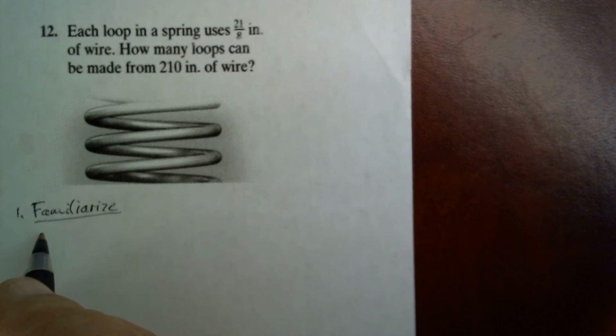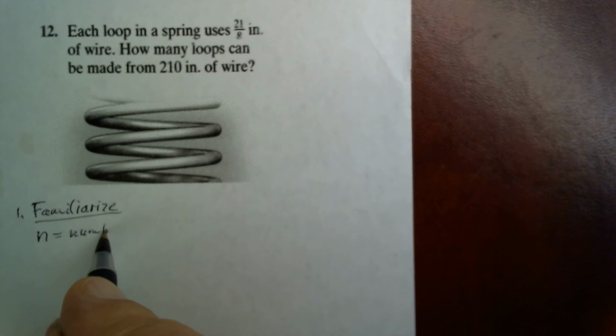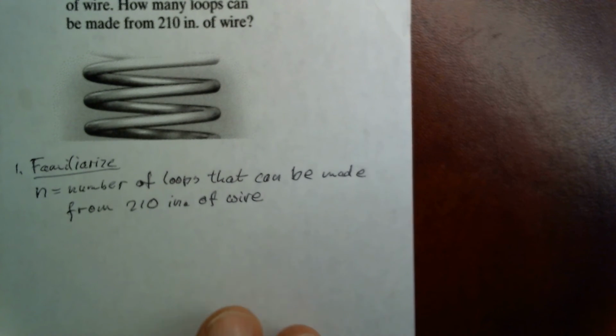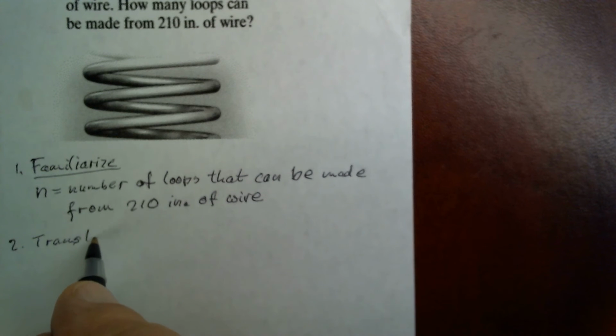So for example, you could say that n is the number of loops that can be made from 210 inches of wire. Number 2 would be to translate this into a mathematical statement.